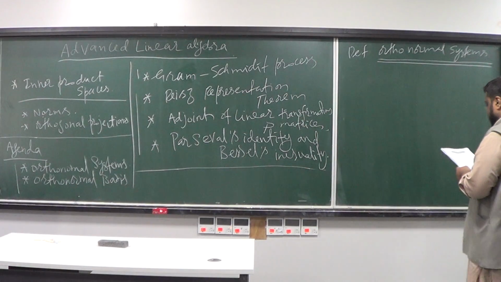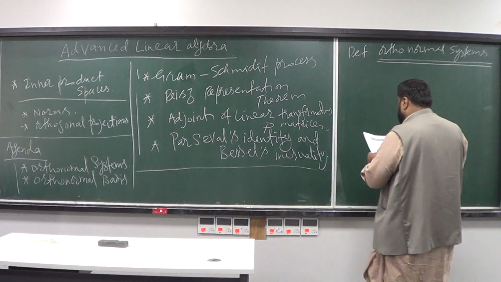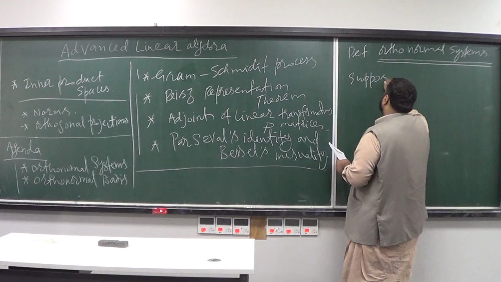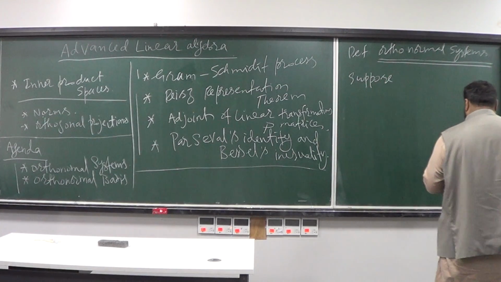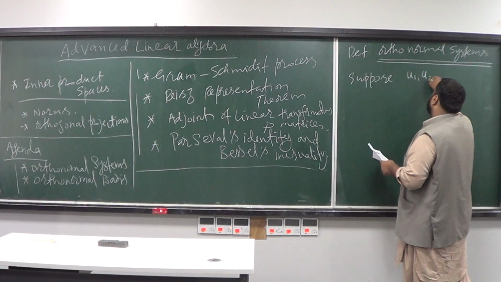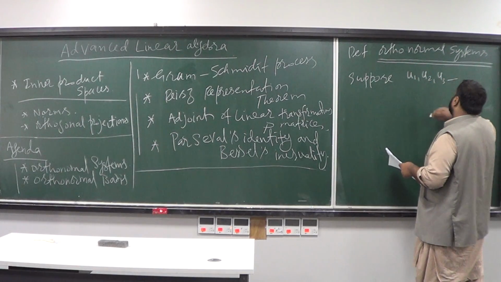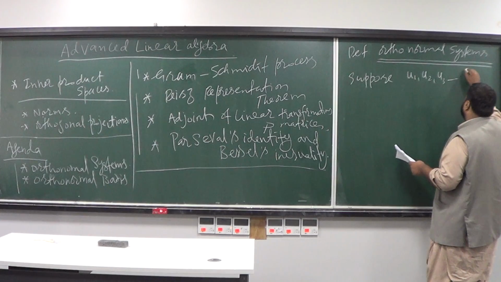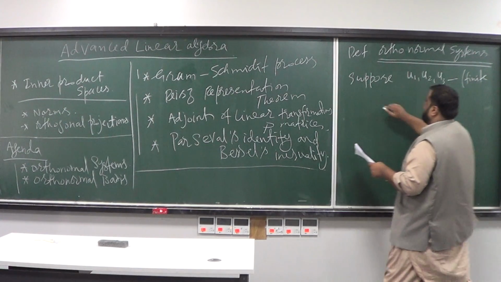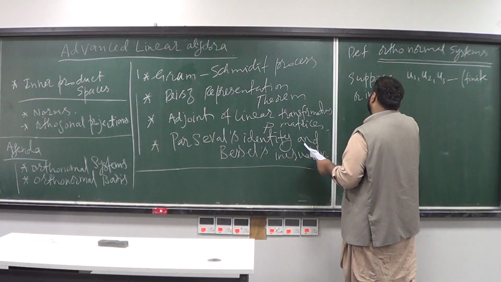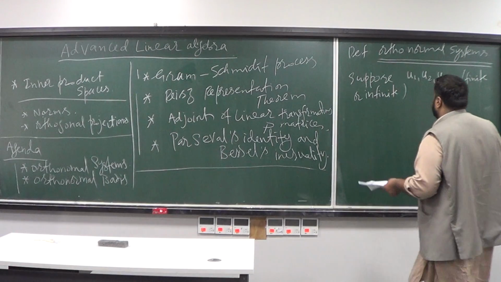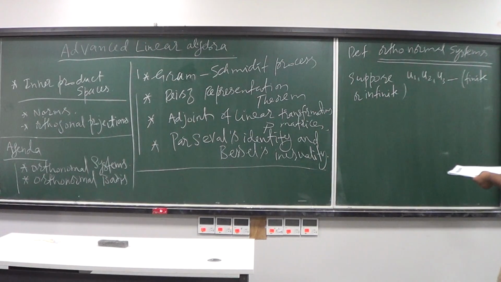So what do we mean by an orthonormal system? Suppose you have a sequence of vectors u1, u2, u3, and so on. This sequence can be finite or infinite, so there is no restriction. In other words, your inner product space could be infinite dimensional or finite dimensional.